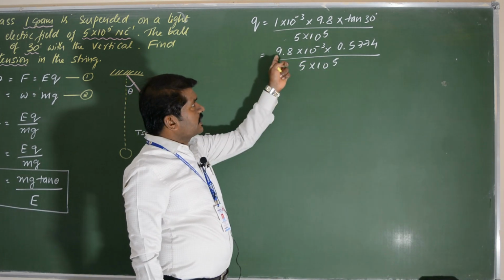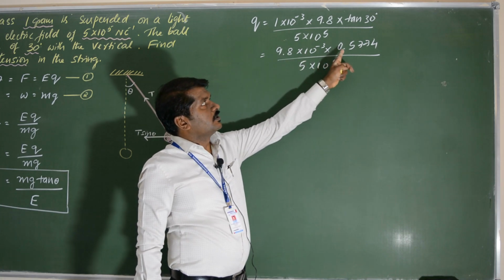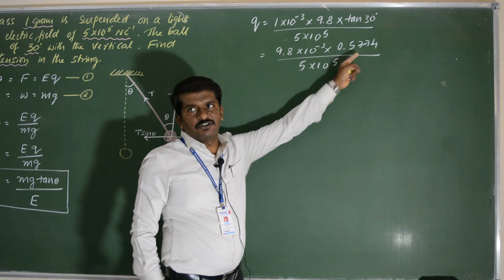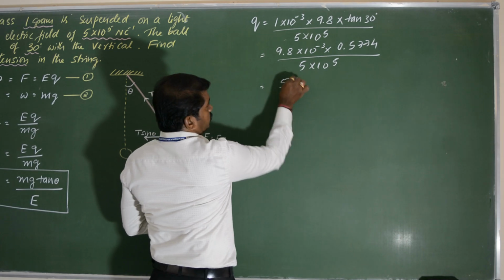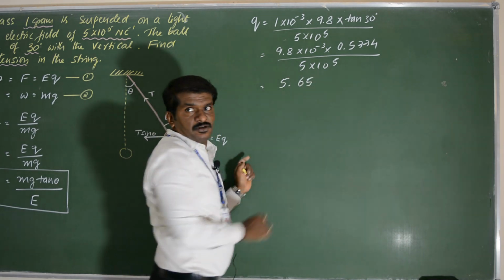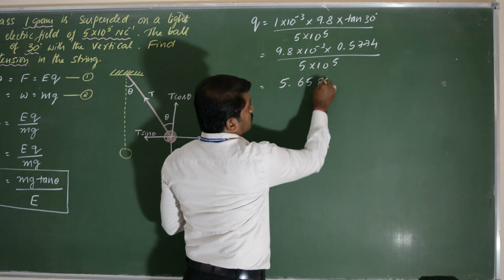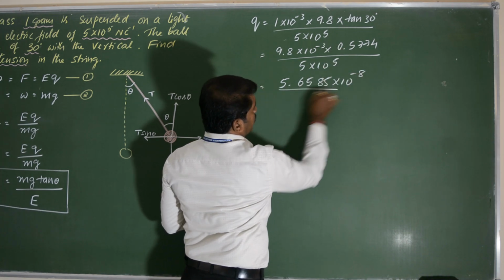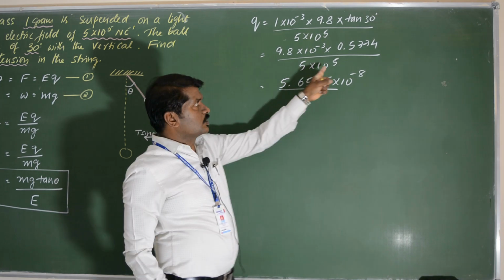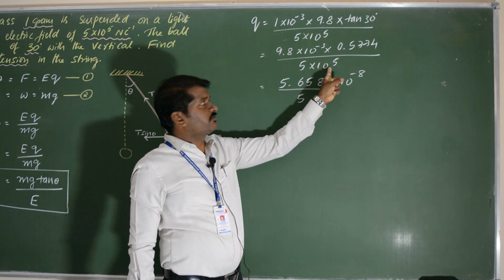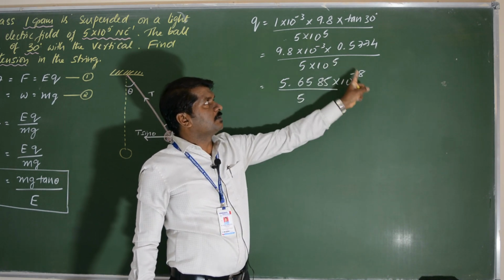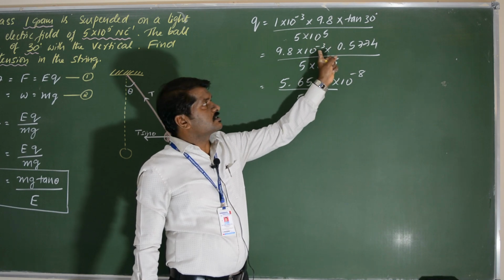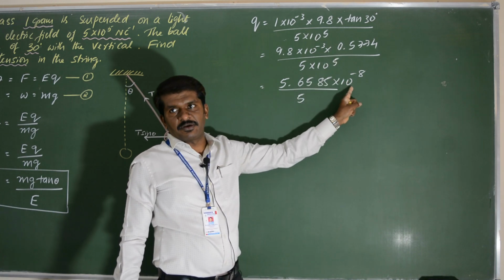If I multiply 9.8 into 0.5774, we get 5.6585 into 10 power minus 3 divided by 5 into 10 power 5. The 10 power 5, which we take to the numerator, becomes minus 5. 10 power minus 3, 10 power minus 5 is 10 power minus 8.